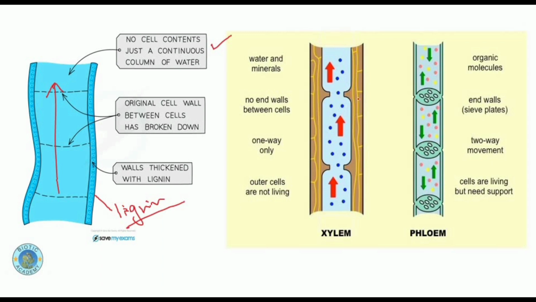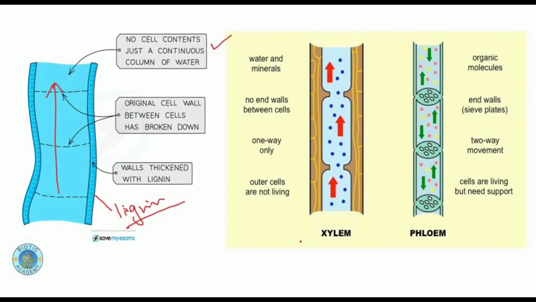So here you can compare xylem vessels and phloem vessels. Xylem vessels have water and minerals in them, with one-directional flow from roots upward to other parts of the plant body, there are no end walls, and the outer wall is not living because of the presence of lignin.